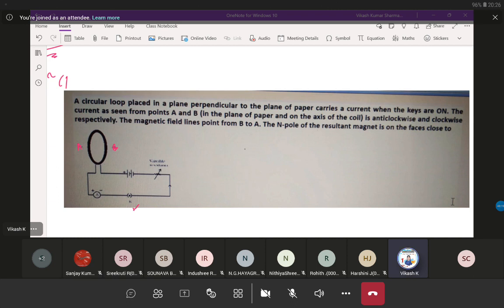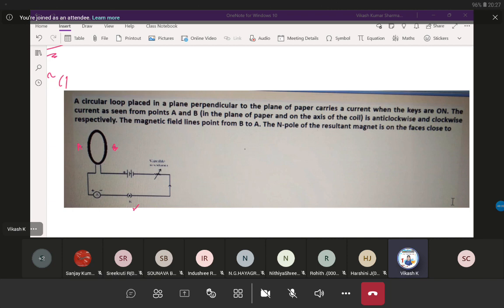The north pole of the resultant magnet is on the face close to where?